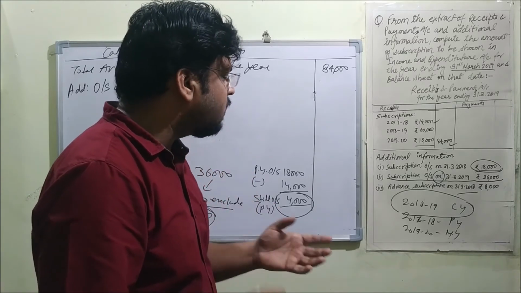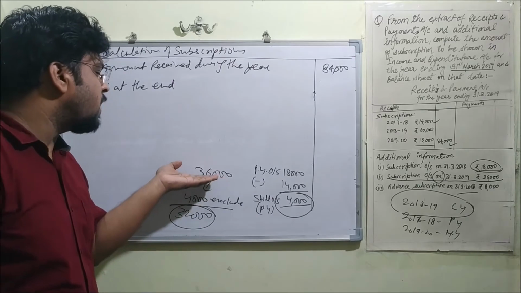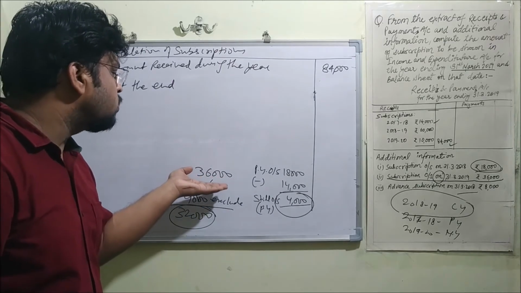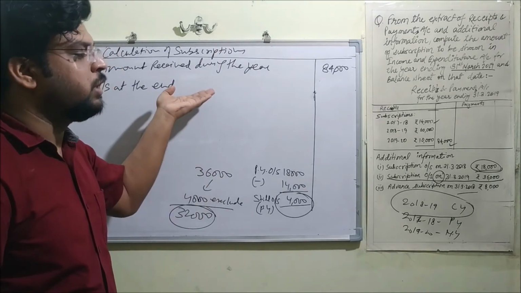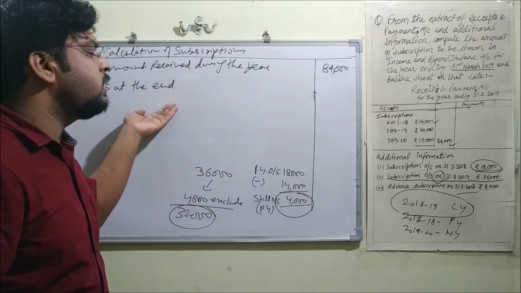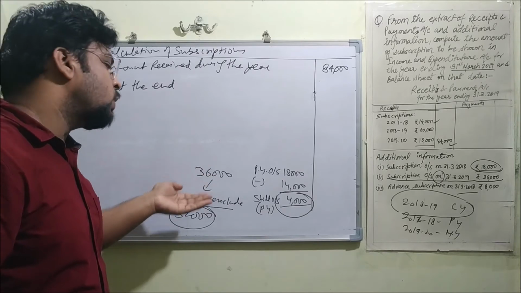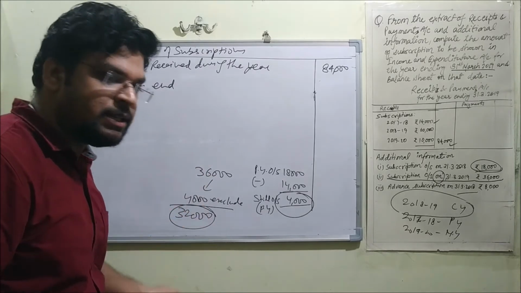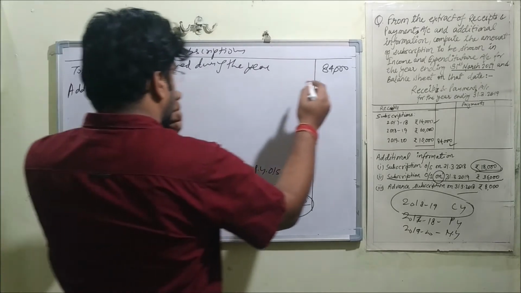Okay, so from this outstanding portion, we'll have to separate the outstanding portion related to current year only. So this 32,000 purely relates to current year, which has not been paid. So we'll have to add only that. Understanding the point? So we take this 32,000 here.